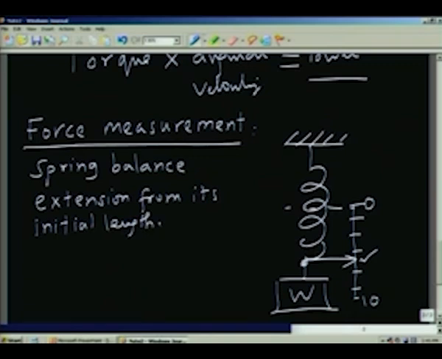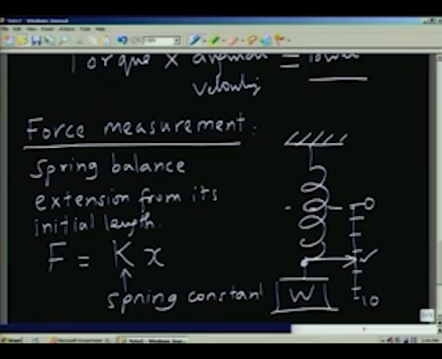When there is no load on it, there is a certain length L, and it extends by a certain amount, and we know that the spring has a linear relationship. Therefore, F is equal to K times X, where K is called the spring constant, and X is the displacement.